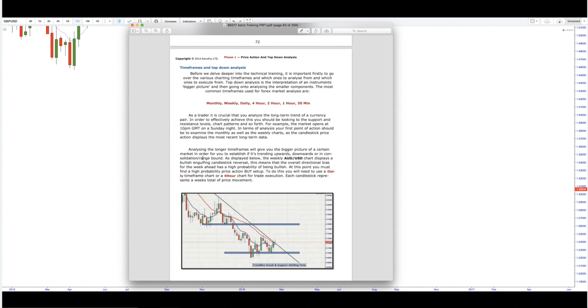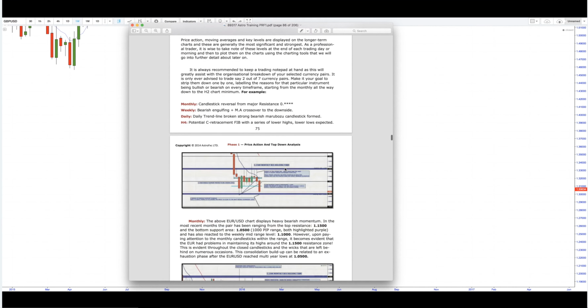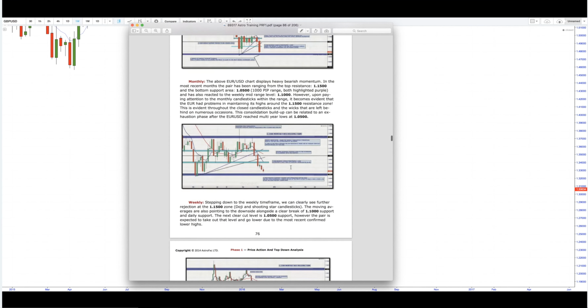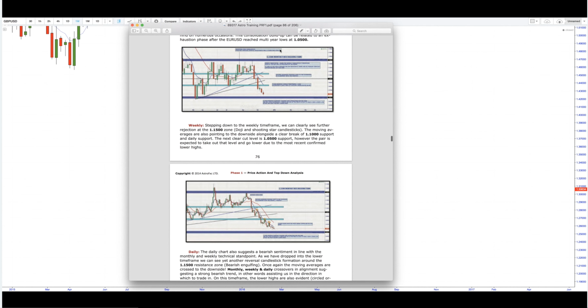So time frames, top-down analysis, there's some information in the book. Let me just get to the good stuff though. So over here, let's just disregard the monthly for a moment because I'm focused on the weekly. So this is how your work needs to be laid out. These annotations are great. By all means, do that. However, once you've done a screenshot, I would then go ahead and maybe place that screenshot on a Word document and make a small description like this.